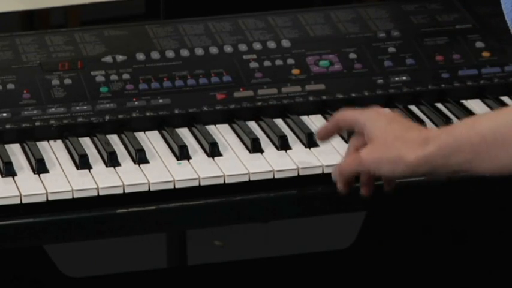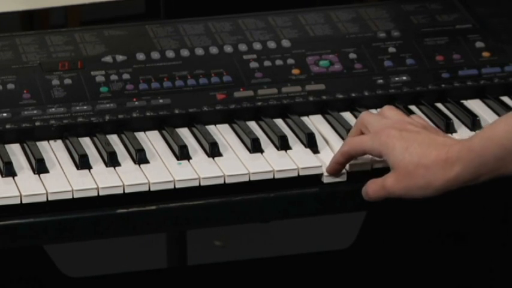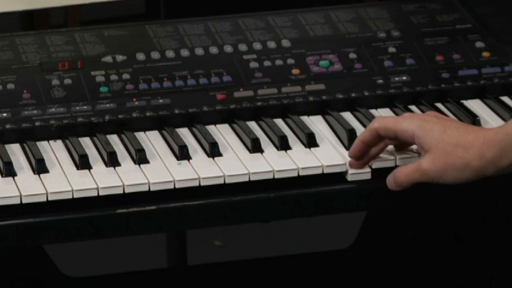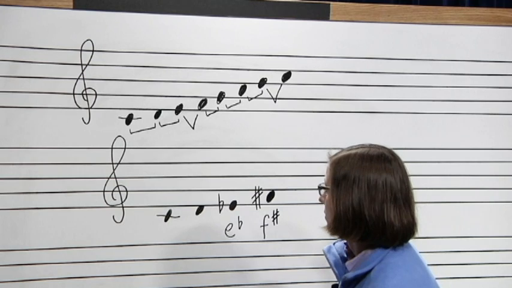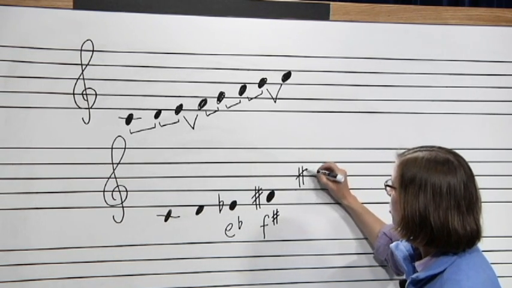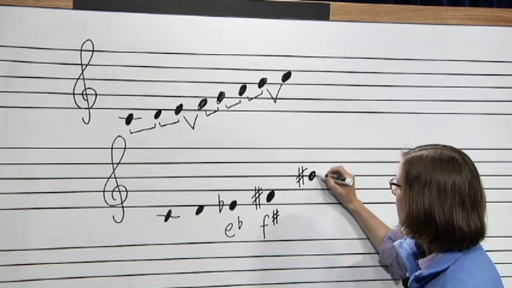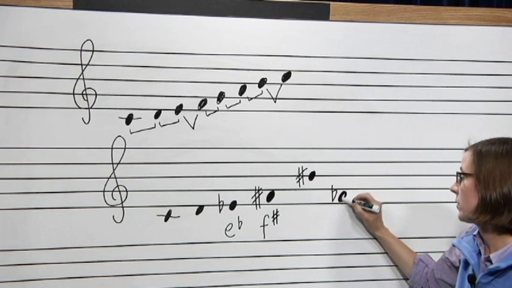A similar situation is right here. We take a B and add a sharp to that B, and we go up to another white key, which is a C. So on the whiteboard, here's a B sharp and here's an F flat. We do this just the same as we would the others.